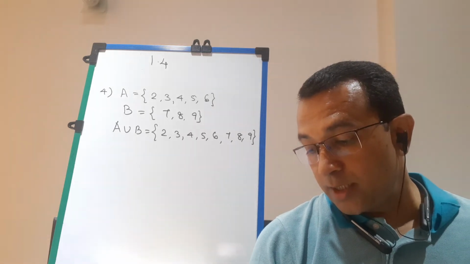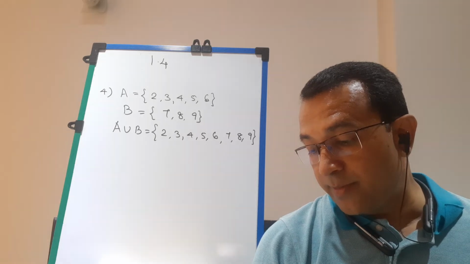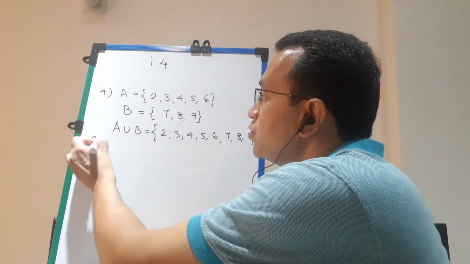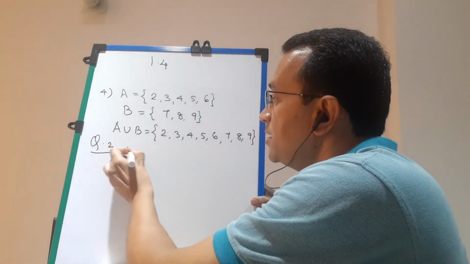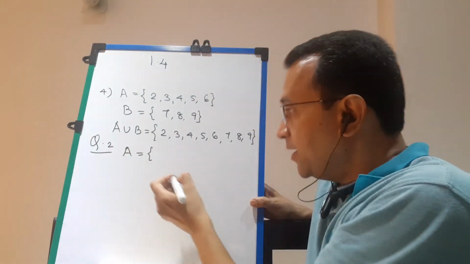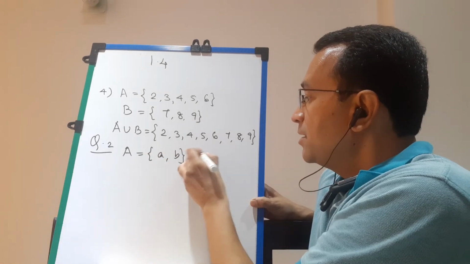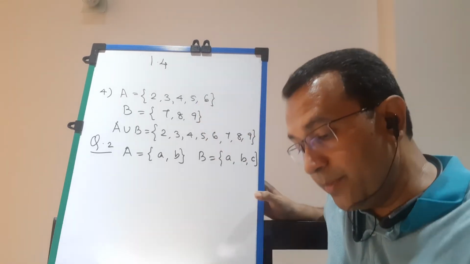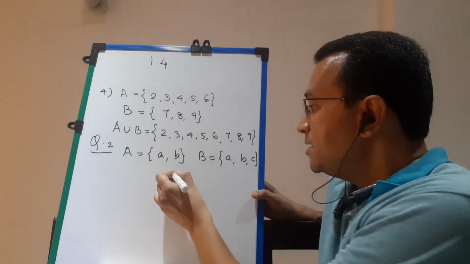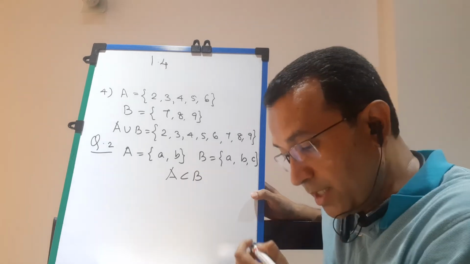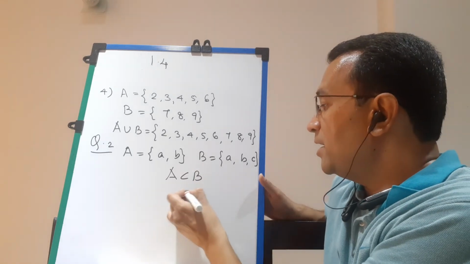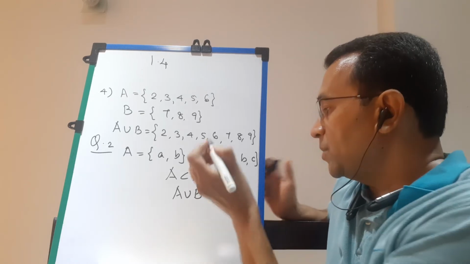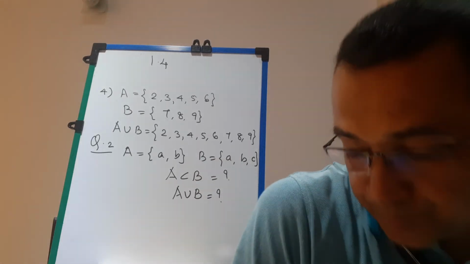Question 2. Set A is the set of elements a, b and set B is equal to the set of elements a, b, c. Is A a subset of B and what will be A union B? These are very simple questions.